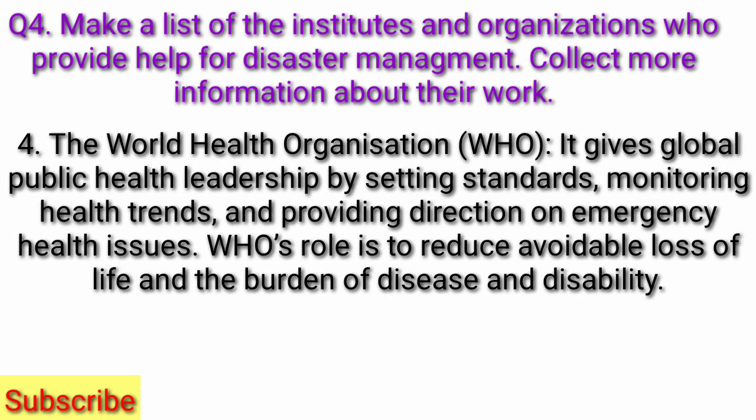Fourth, the World Health Organization (WHO). It gives global public health leadership by setting standards, monitoring health trends, and providing direction on emergency health issues. WHO's role is to reduce avoidable loss of life and the burden of disease and disability.